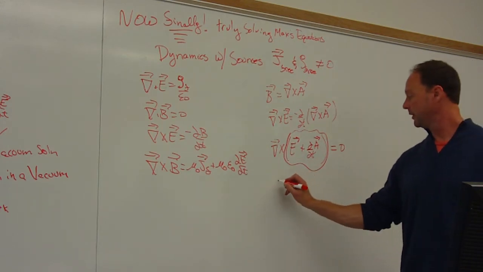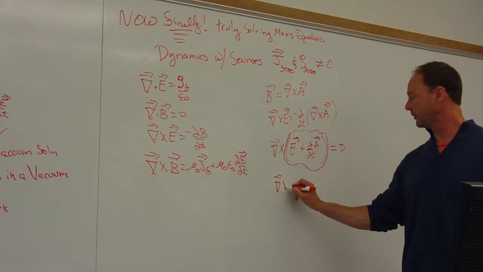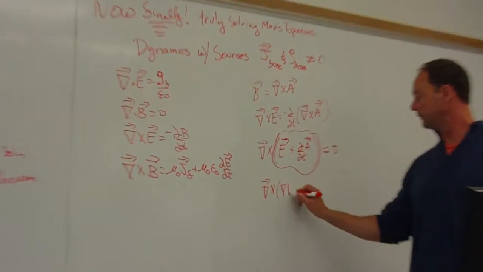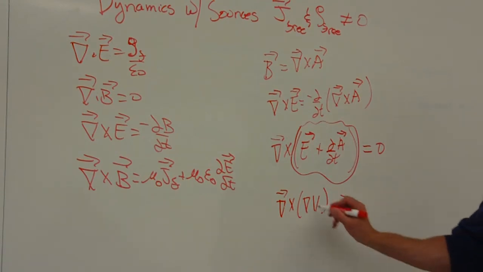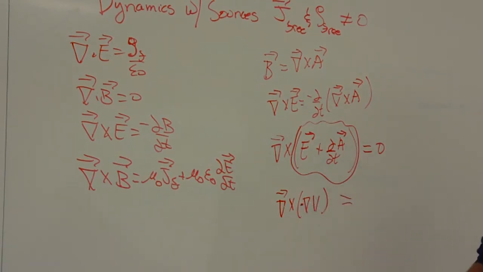So the curl of the gradient of V equals 0. The book uses a minus sign again. So in other words, we have minus the gradient of V equals E plus the partial of A with respect to t.